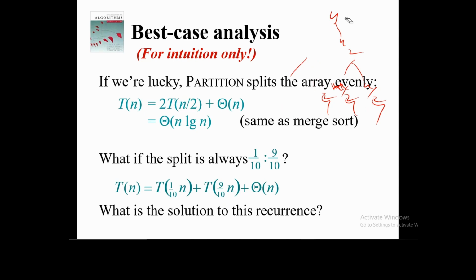So in this situation it will behave in the same way as merge sort. The partition splits the array evenly in every iteration, so the recurrence relation will be T of n equals 2T of n by 2 plus theta of n. We can solve this by the recursion tree method or by using the master theorem. The solution will be theta of n log n.